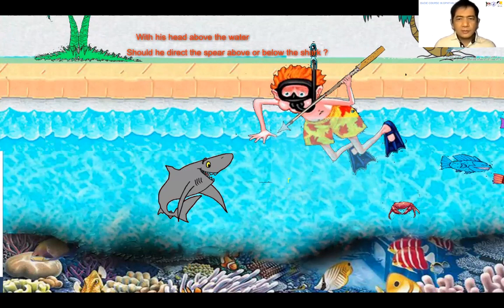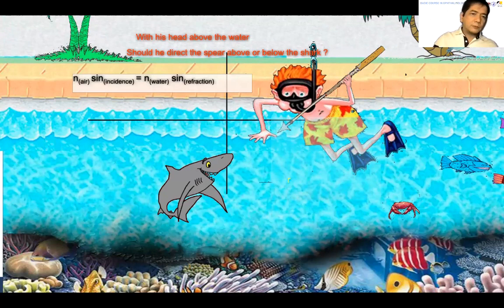Because in this case, with his head above the water and the shark under the water, there is a difference in the index of refraction between the air and water. The air has an index of refraction of 1.0, while the water has an index of refraction of 1.33. Therefore, there is a refraction happening. So should he direct the spear above or below the shark?